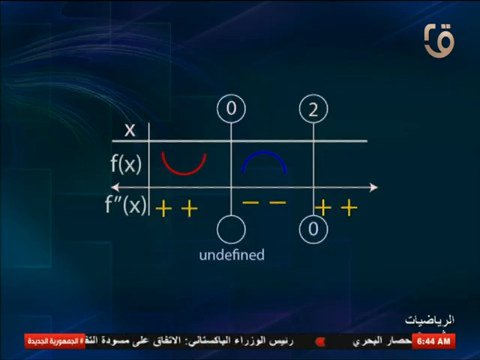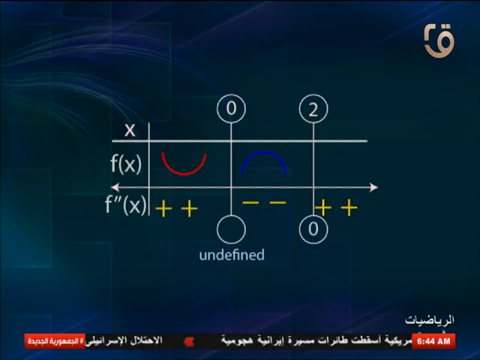First interval from negative infinity 0, second interval from 0 open to open, third interval open to open infinity. When we substitution about x smaller than 0 as negative 1 and f double dash, we find f double dash more than 0 or positive. This convex down.